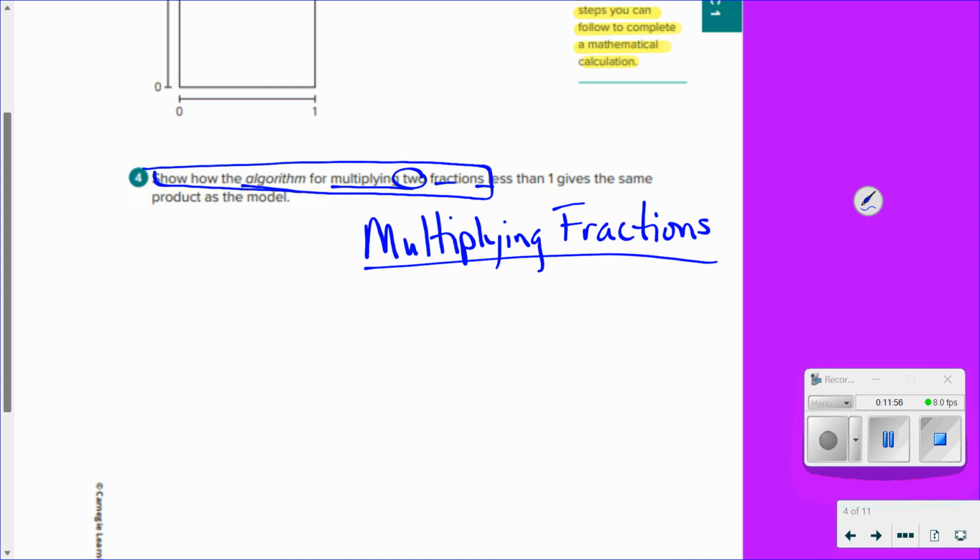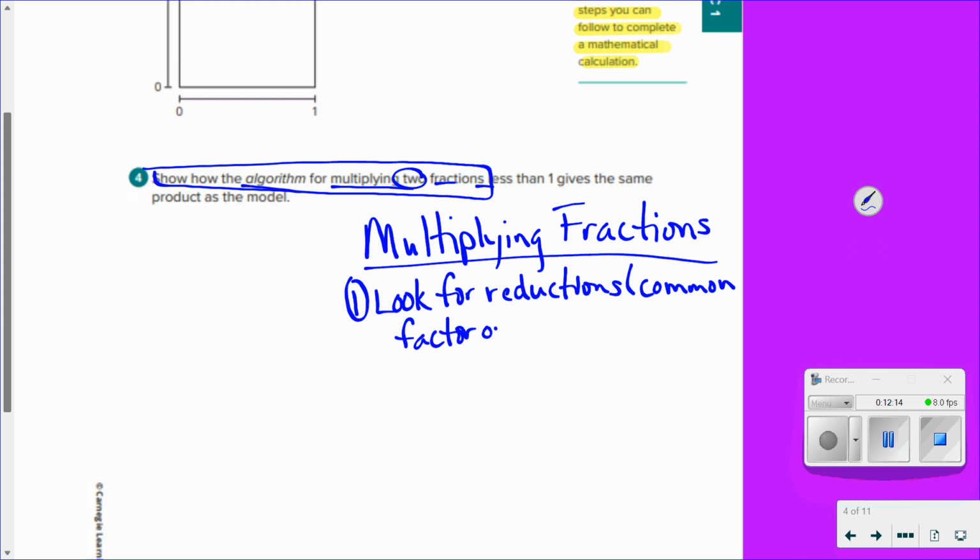Step 1. Look for reductions. And this is where your 4 key numbers come in again. We're looking for a common factor on top and bottom.